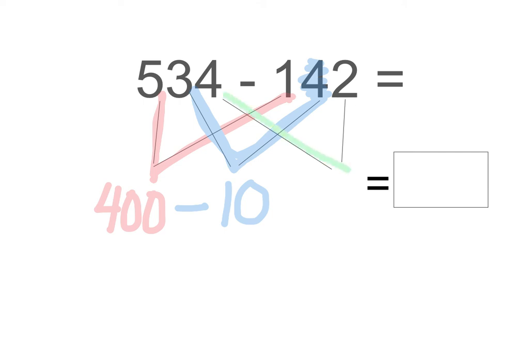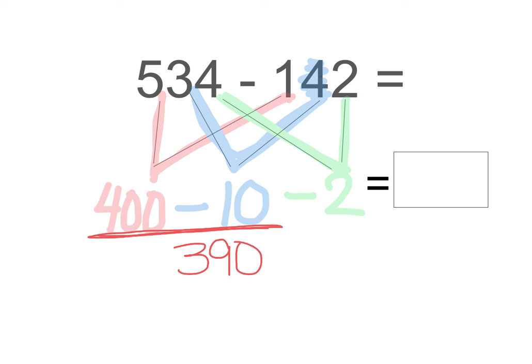And 4 subtract 2 is minus 2. 400 minus 10. Think of your partners to 100, so it's 390. Minus that 2, so 90 minus 2 equals 388.